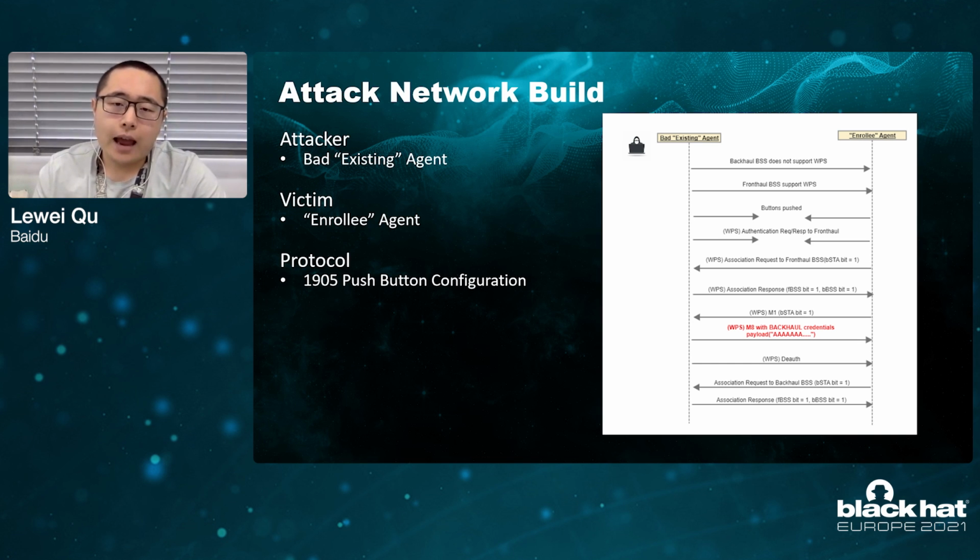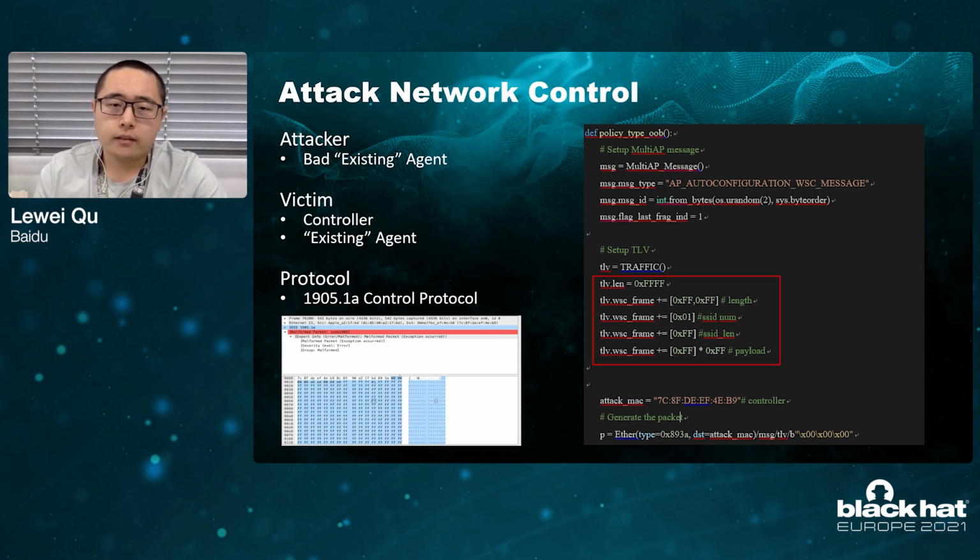Next, an attacker could disguise a malicious existing agent to attack the enrollee device. It could respond with malformed packets M2, M4, M6, M8 of 1905 PBC, which could trigger security issues in the TLV parsing of the enrollee device.